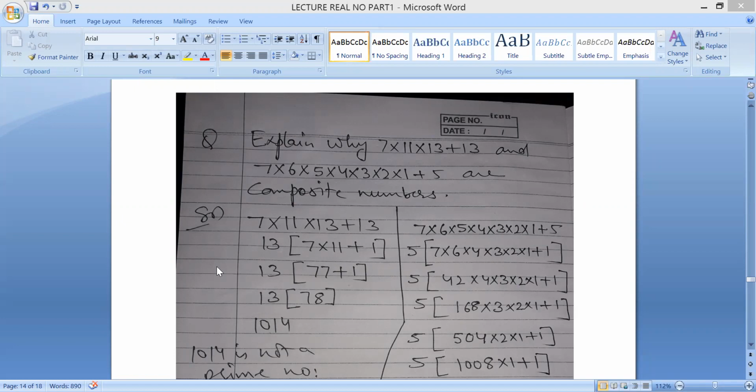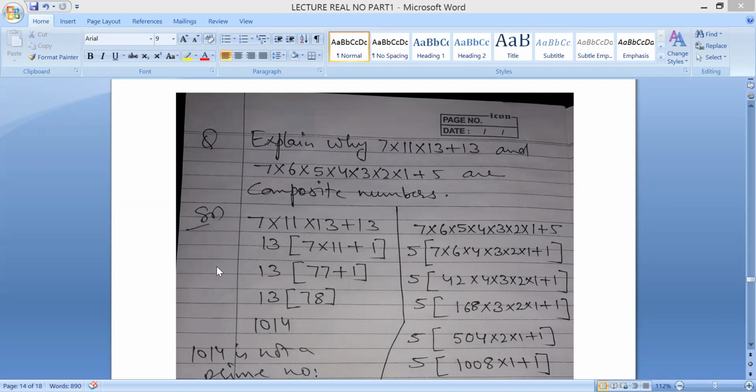So 13 into 78, what you are getting is the product 1014, and 1014 is not a prime number. So you will say that 7 into 11 into 13 plus 13 is a composite number, because a number which is not prime is a composite number.